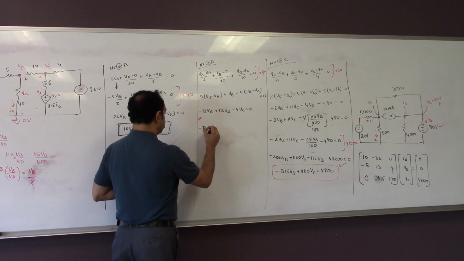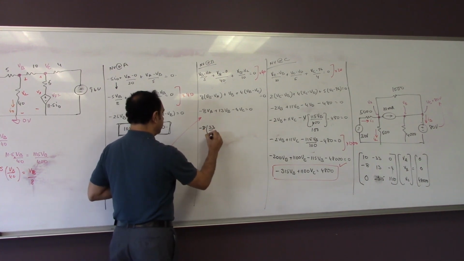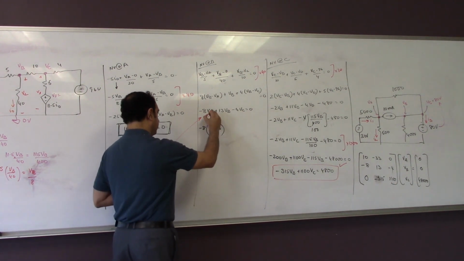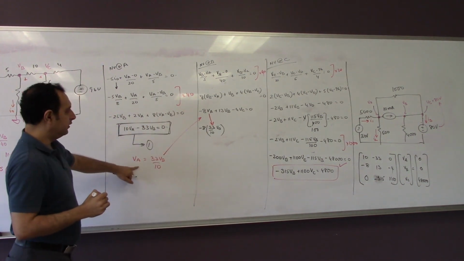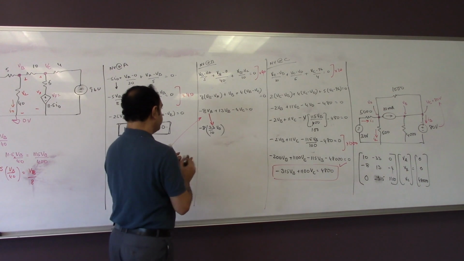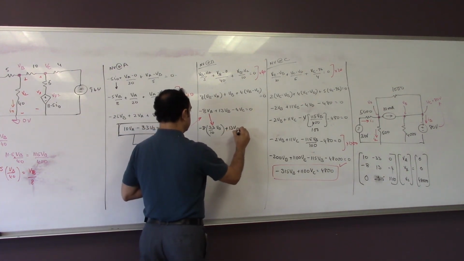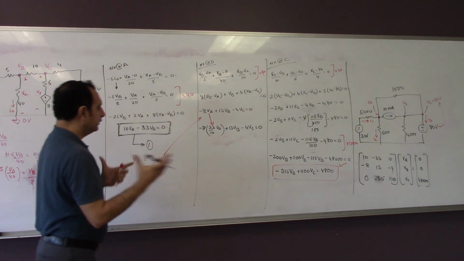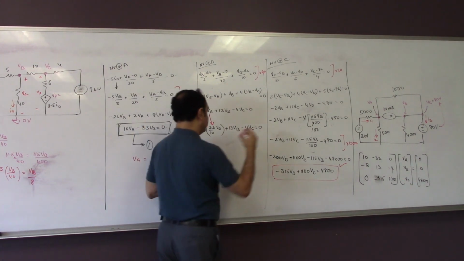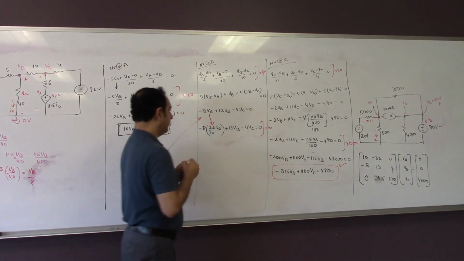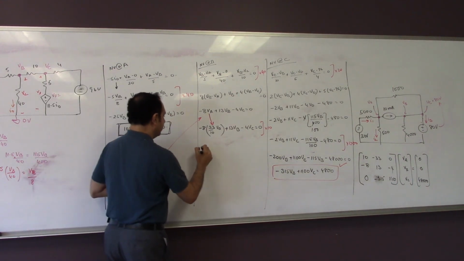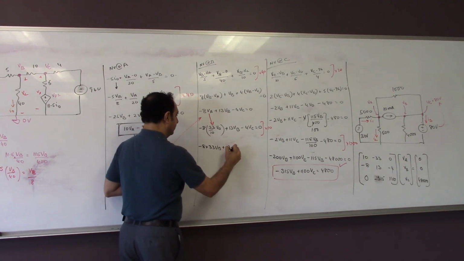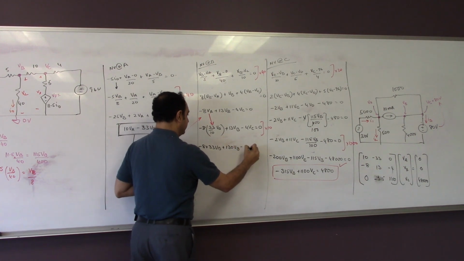I'll write this as negative 8 times 33 over 10 VB, plus 13 VB, minus 4 VC is equal to 0. Just to get rid of this 10, let's multiply this whole thing by 10. Now what I'll have is negative 8 times 33 VB plus 130 VB minus 4 VC is equal to 0.